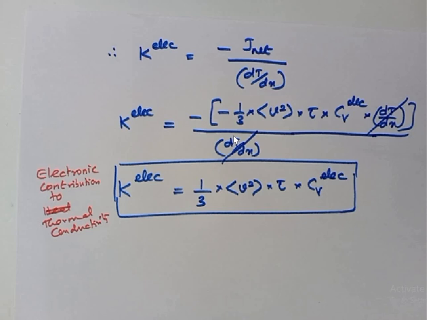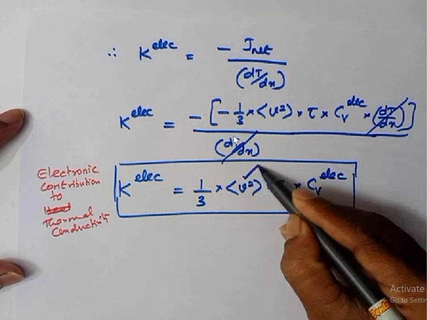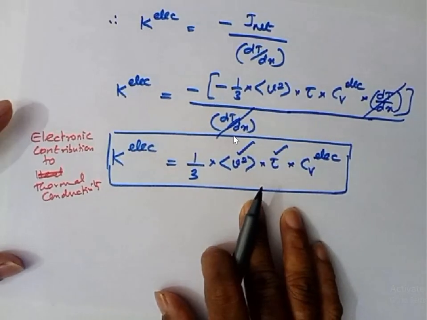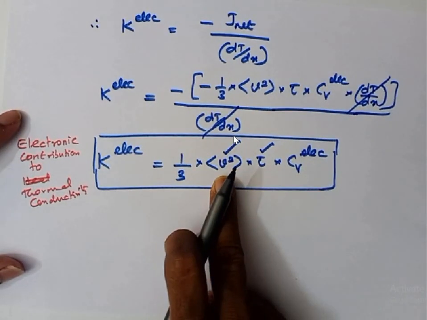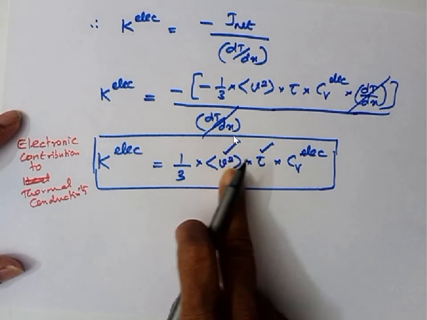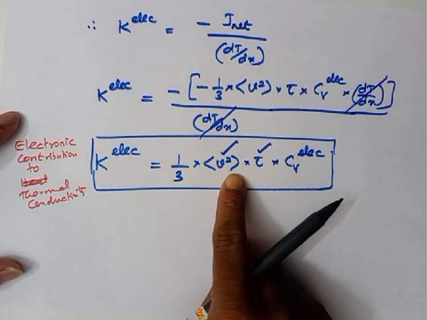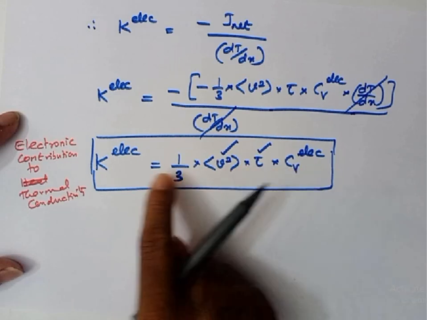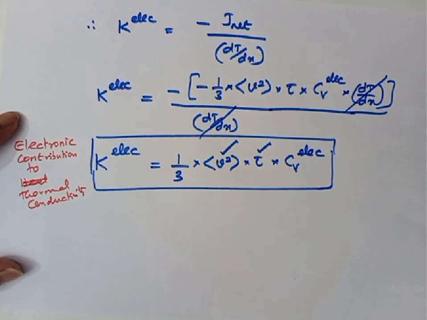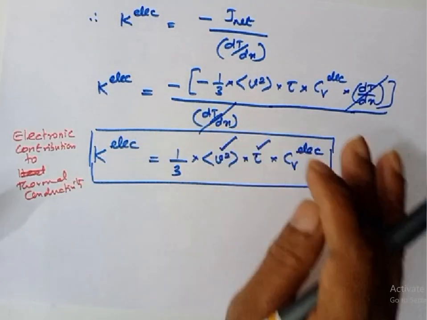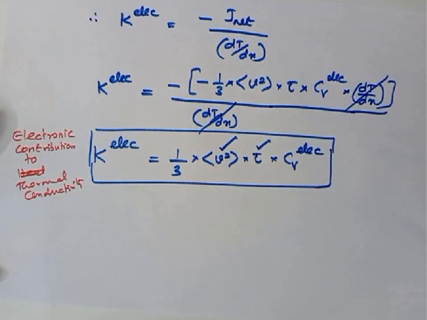Drude calculated these values through the kinetic theory equation. He substituted those values and calculated the electronic contribution to heat capacity and the electronic contribution to thermal conductivity, and this value agrees with the experimental value, almost close to the experimental value.